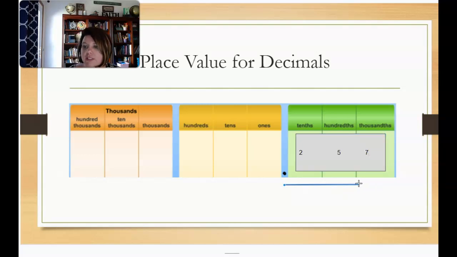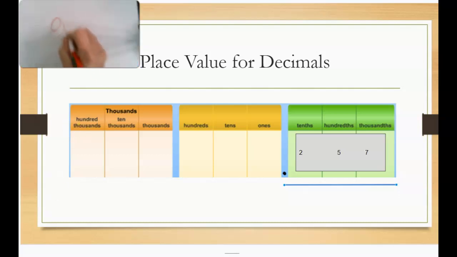You may have to use decimals like this sometimes if you're in sports or using a stopwatch or something like that. But here is how to say this decimal. 257 thousandths. Now, if I wanted to turn that directly into a fraction, let me show you how I would do so.